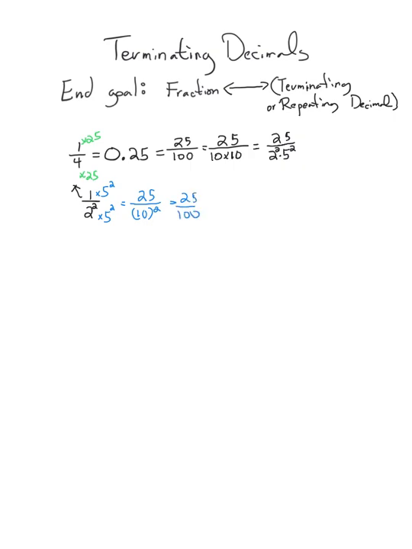And that's kind of the idea throughout. So anytime we can make the denominator a power of 10, then we can write it as a decimal fraction.